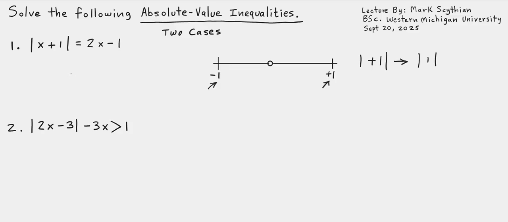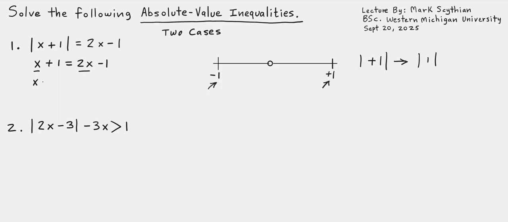So based on that concept, the technique to solve problem number 1 is to first just solve it as if it is an ordinary algebraic expression. So we'll just rewrite it as x plus 1 is equal to 2x minus 1. Of course we can bring the 2x to the other side here.